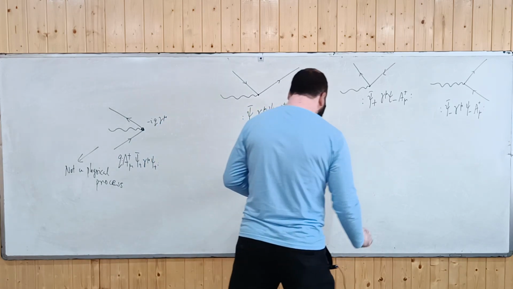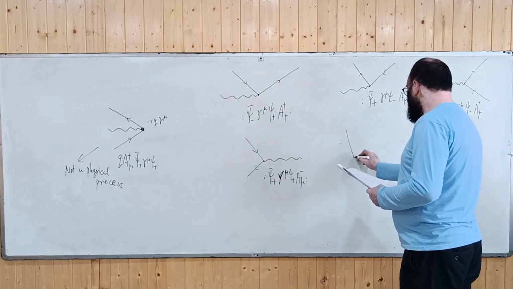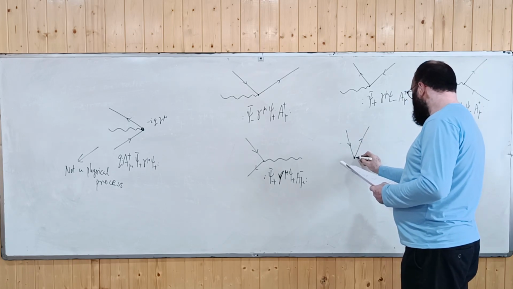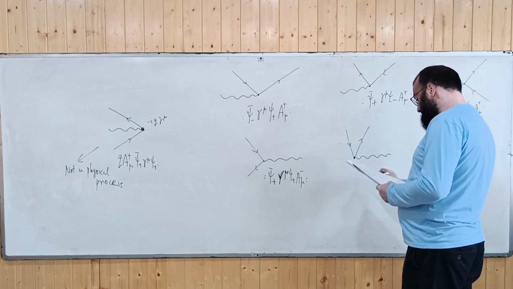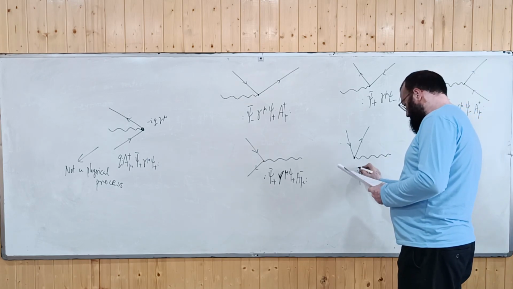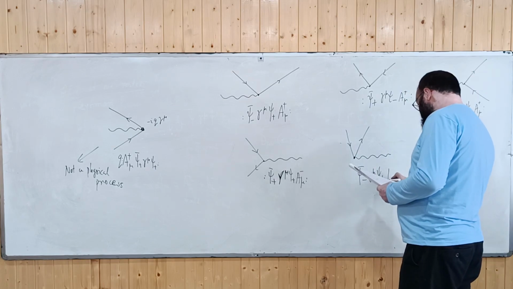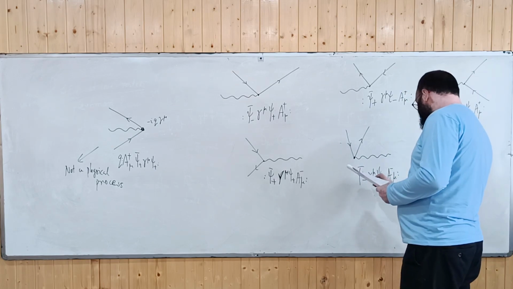Then you are having this diagram, the same thing, but the photon is in the final state. So you are having psi bar minus gamma mu psi plus A minus mu.